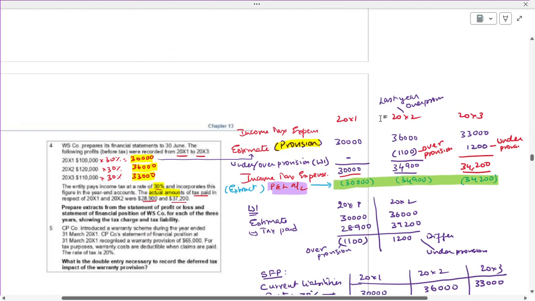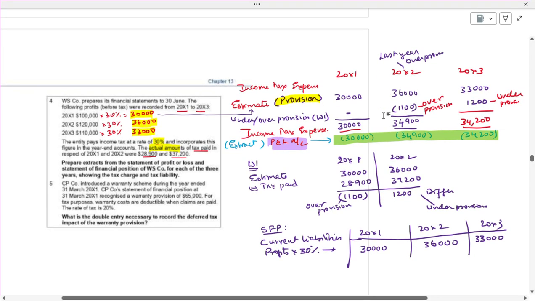Net amount is nothing but the estimate minus or plus over provision or under provision. If it is over provision, minus. If it is under provision, plus. If over provision, we have enough money, so we are not going to deduct from the profits.